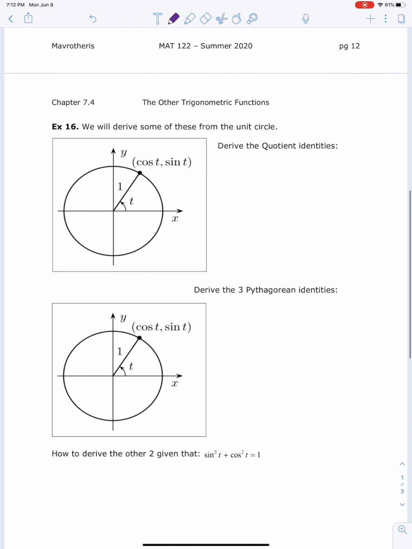Page 13. So I'm just going to fill in the other sides on our triangle here. I got x, I got y. We want to remember that the tangent of this angle called t is our opposite side over our adjacent, y over x.